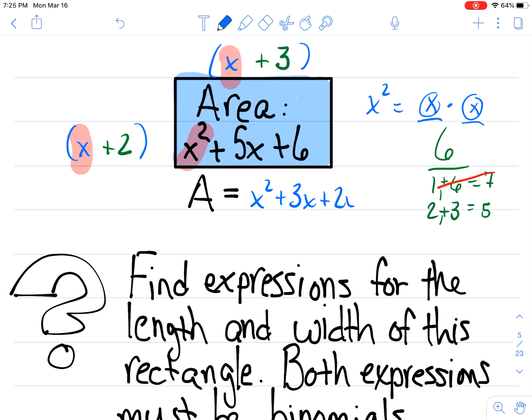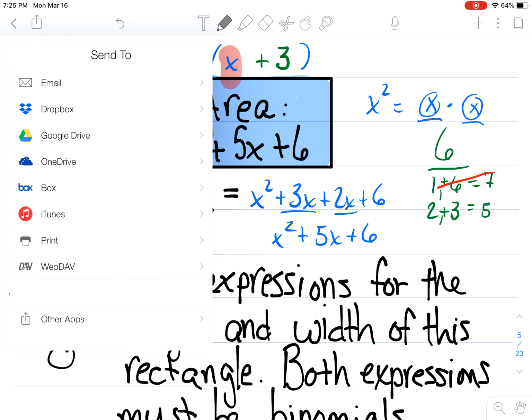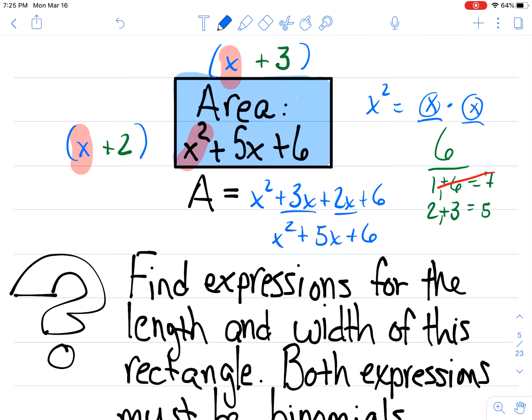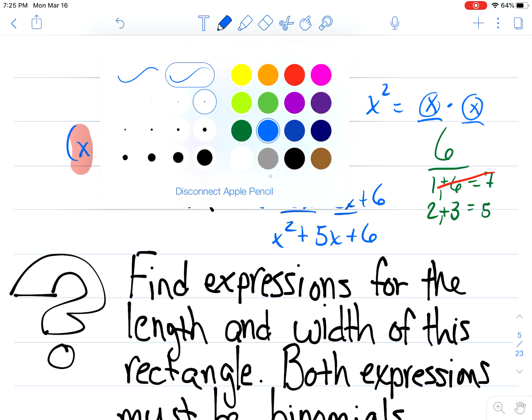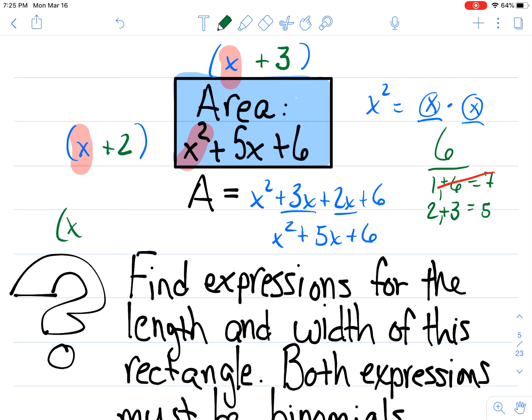Inner terms, 2 times x is 2x, and then 2 times 3 for the last terms is 6. If you combine your like terms, you get x squared plus 5x plus 6. So the factorization of x squared plus 5x plus 6 is those two binomials. The final answer would be x plus 3 times x plus 2.